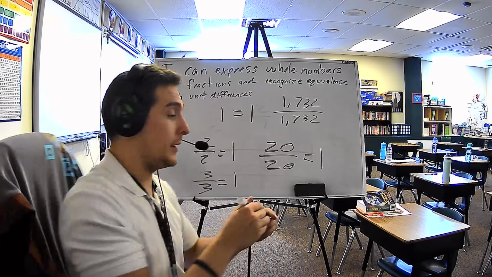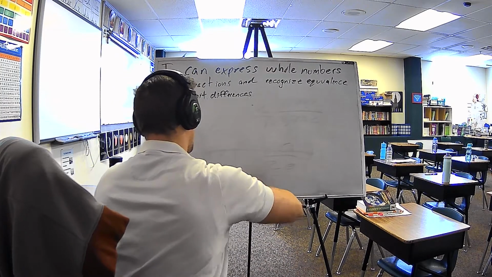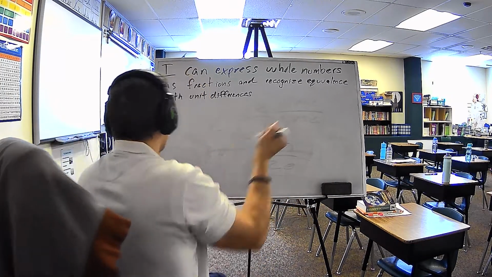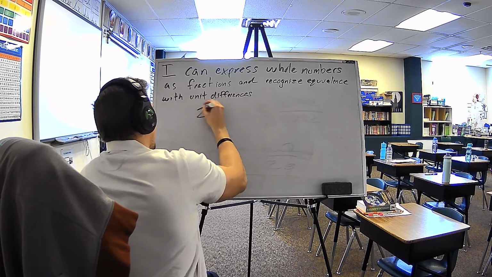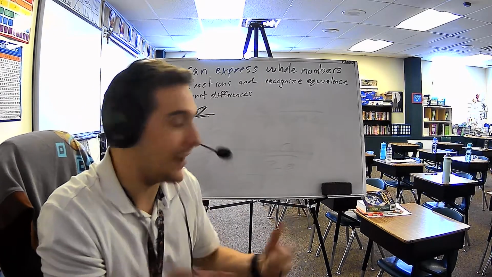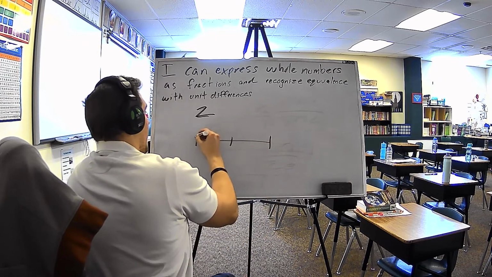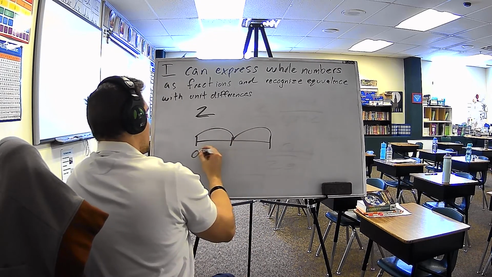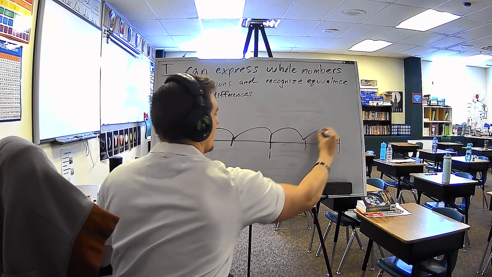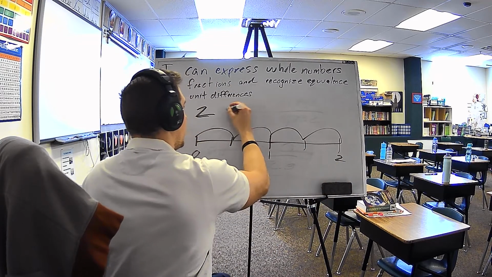Now, that being said, we can also have things equal to 2. The number 2 is usually saying I have 2 wholes of something, 2 entire things. So, if I had halves here, 1/2, 2/2, that would be 1. 3/2, 4/2 would be 2, which would be 4 pieces.